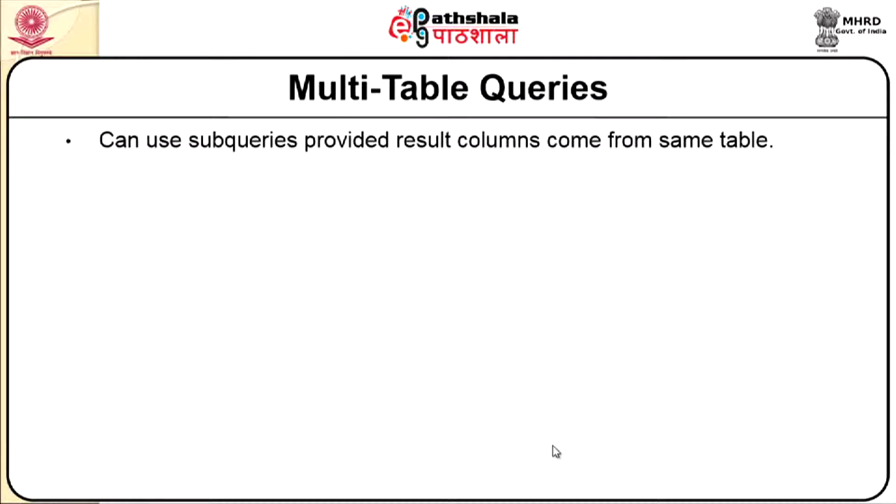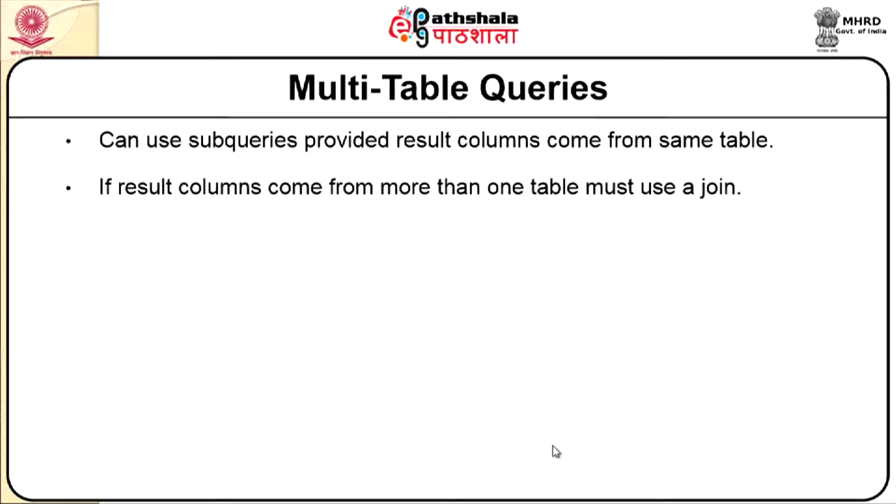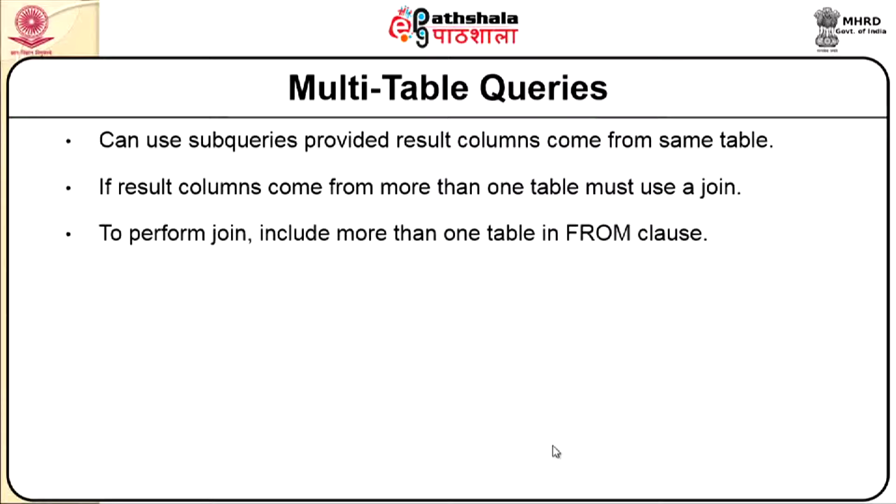Now we will look at multi-table queries. Multi-table queries can use subqueries provided the result columns come from the same table. If the result columns come from more than one table, then we may have to use a join.